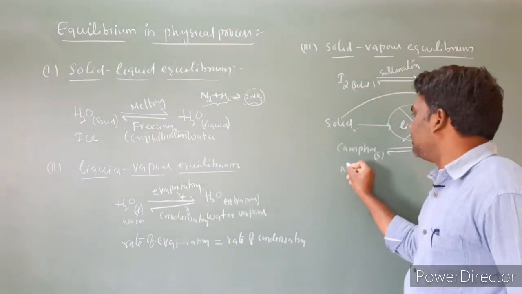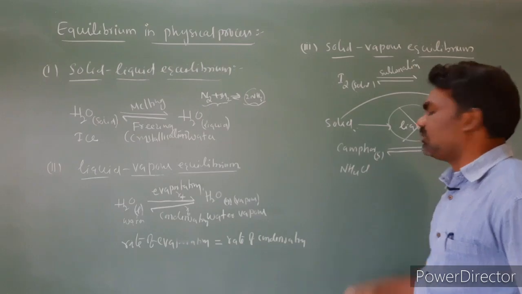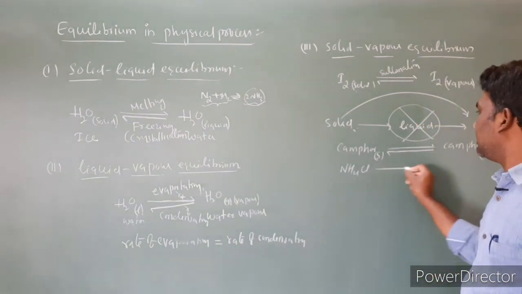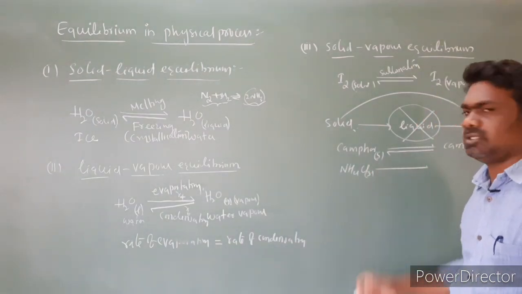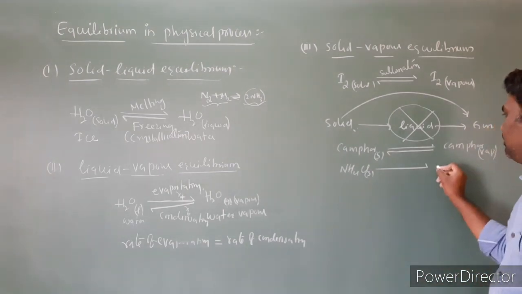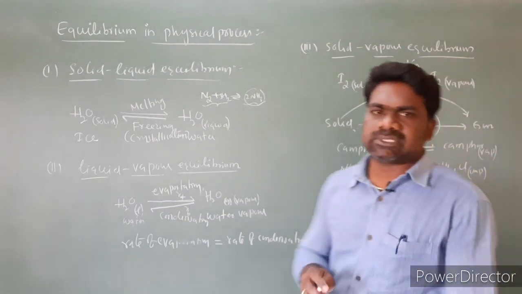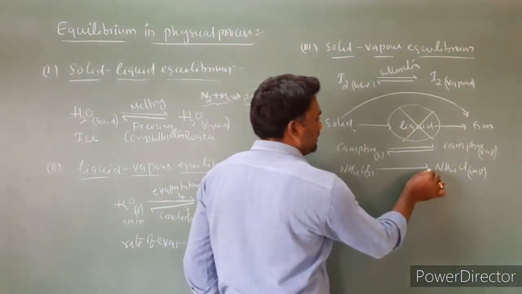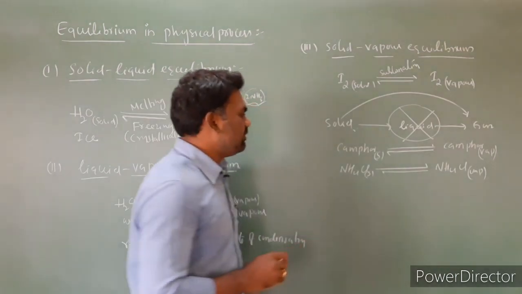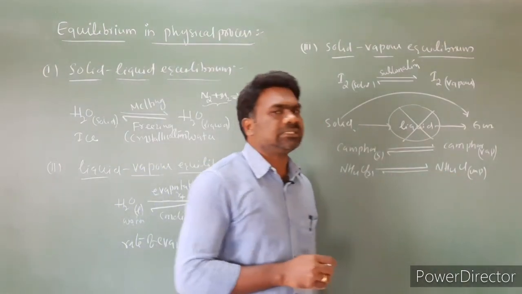Let's take one more example, NH4Cl, ammonium chloride. Ammonium chloride is a solid. Whenever heated, the solid converts into ammonium chloride vapor state, NH4Cl vapor. These ammonium chloride vapors upon cooling convert back into solid state. So between the solid and vapor there is an equilibrium.